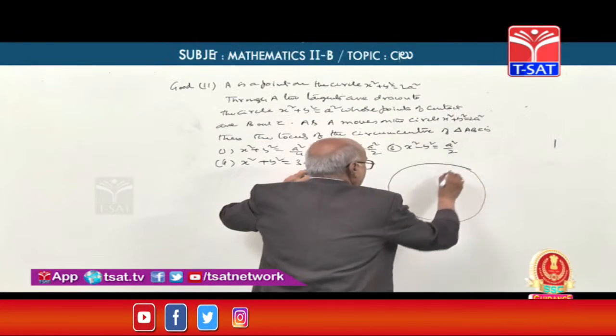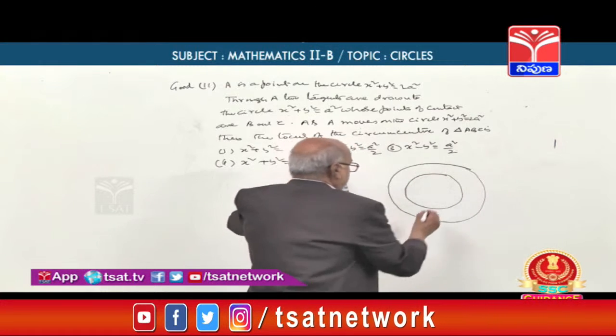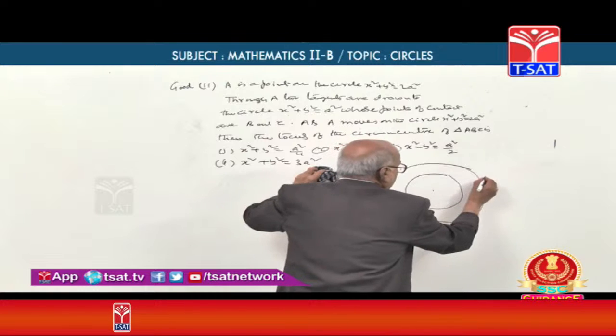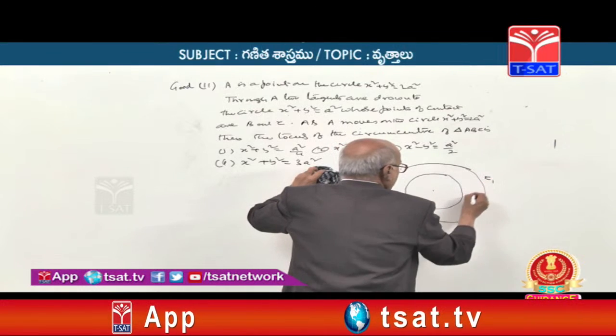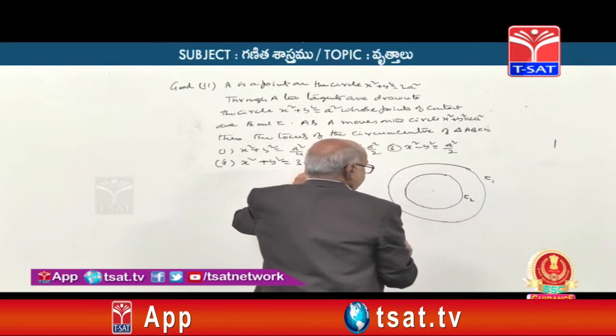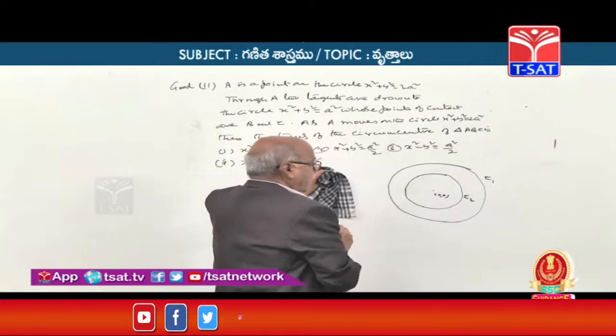Now, you are given the outer circle C1 and the inner circle C2. For both circles, the center is the origin.